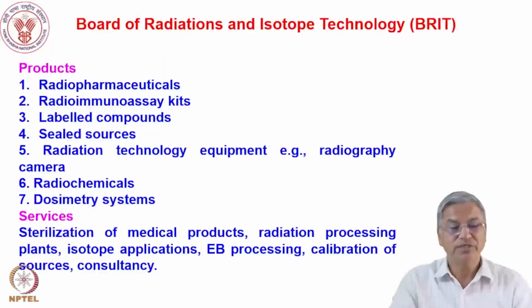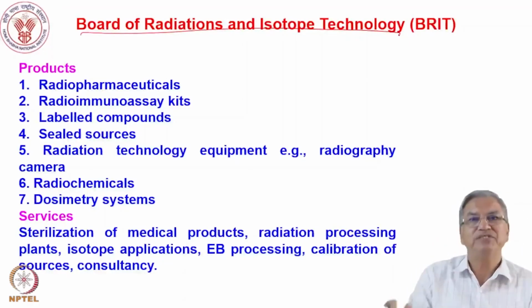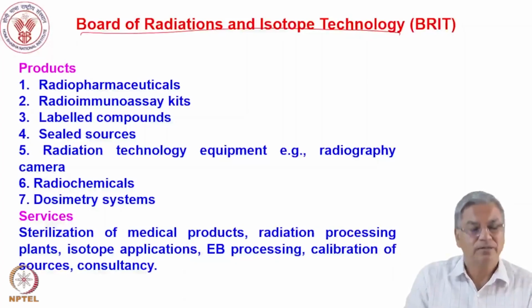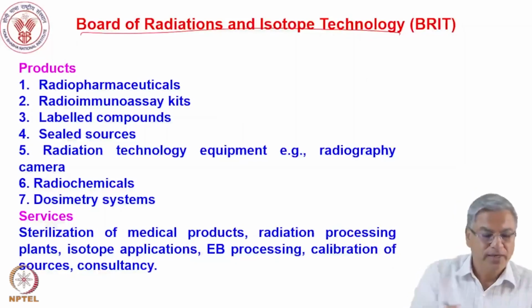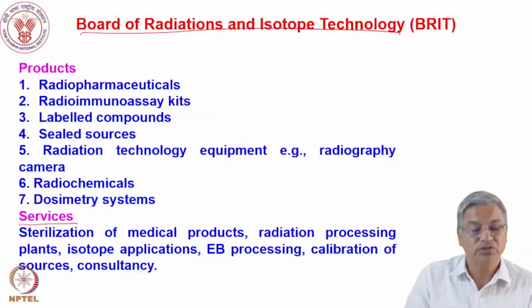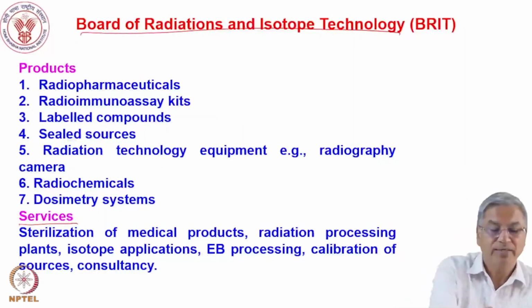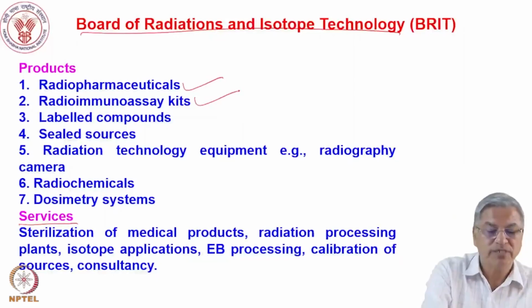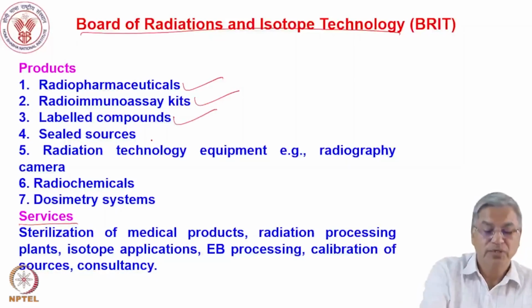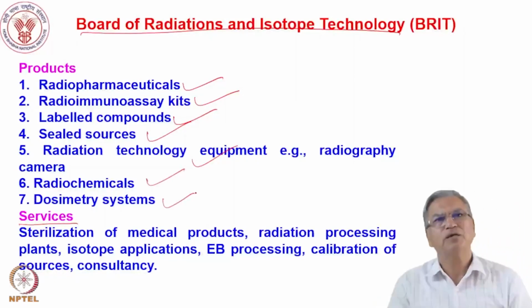So in our country, the Board of Radiation and Isotope Technology, called BRIT, is the agency that supplies different radioisotopes and kits, and they also provide services for industry, the medical industry, normal industry, and many others. Whoever wants radioisotopes in the country will find radiopharmaceuticals, radioimmunoassay kits, labeled compounds, sealed sources, or even technology, radiographic cameras, radiochemicals, dosimetry systems, all supplied by BRIT.